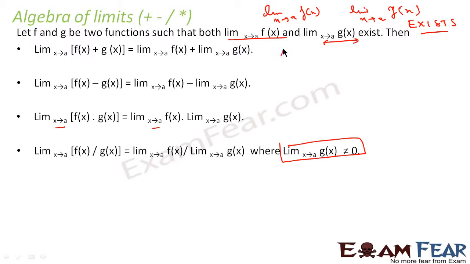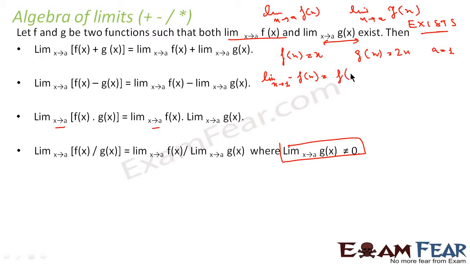Let's suppose f(x) is equal to x and g(x) is equal to 2x. There are two functions f(x) and g(x), and let's suppose a is equal to 1. So first let's prove that at a equal to 1, the limits of f(x) and g(x) exist. First find the left hand limit of f(x), limit of x tends to 1 minus of f(x).